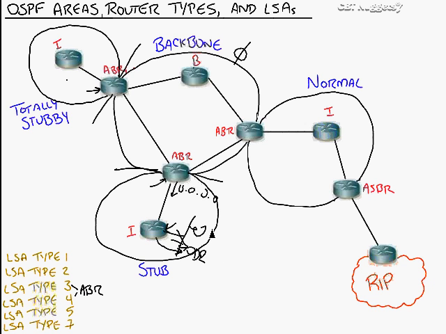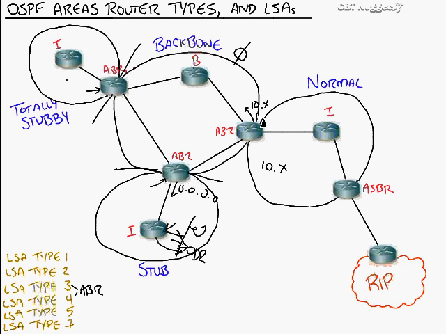Okay? The area border router performs summarization. For instance, this might have all of the 10.x networks in this normal area right here. And this area border router, even though there's 10.1 and 10.2 and 10.3 and all the ones we don't see, can summarize this up as 10.x, and have just a /8 subnet mask on there.